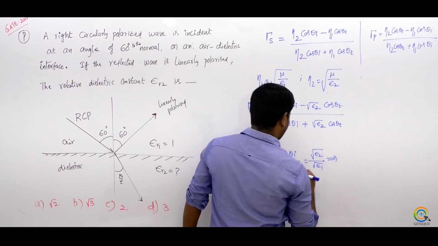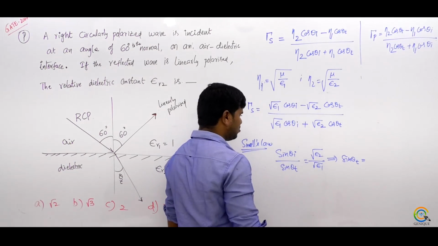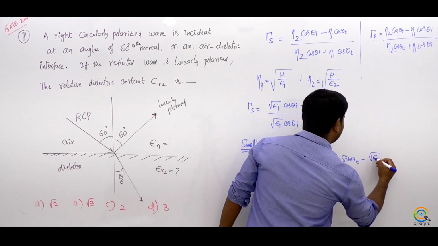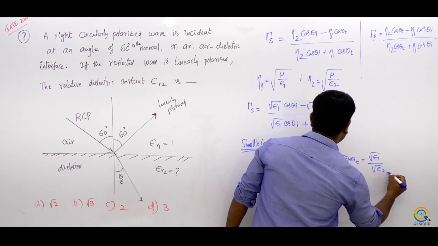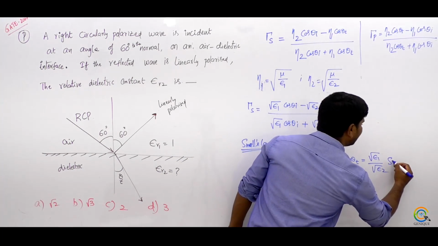So sin theta t is equal to root epsilon 1 divided by root epsilon 2 times sin theta I.